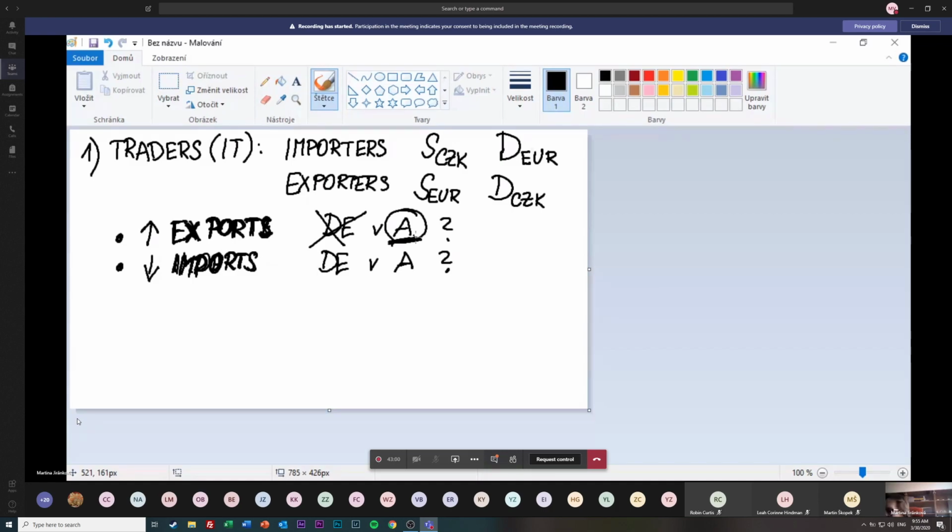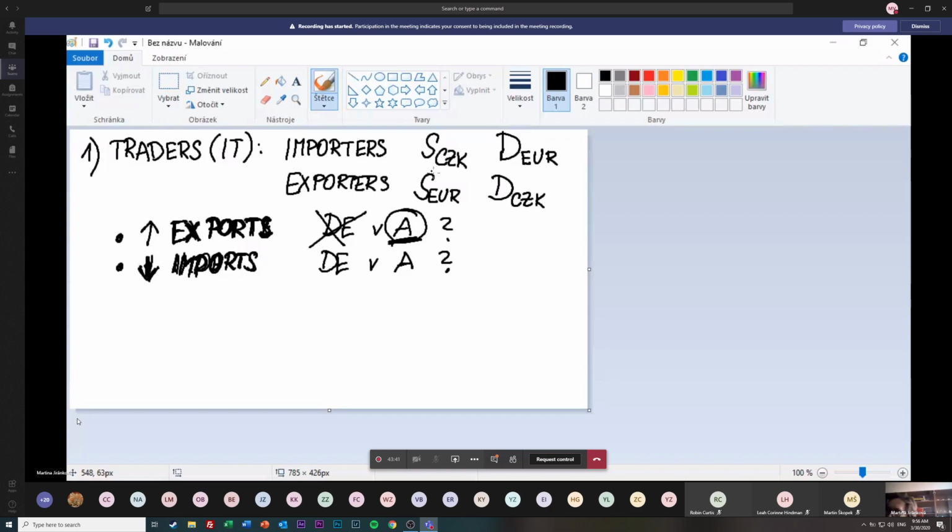Decrease in imports. I have told you that importers come to the currency market. They have domestic currency, Czech crowns, but they need foreign currency. They need euros. So if there is a decrease in imports, that means there is a decrease in the supply of the Czech currency.